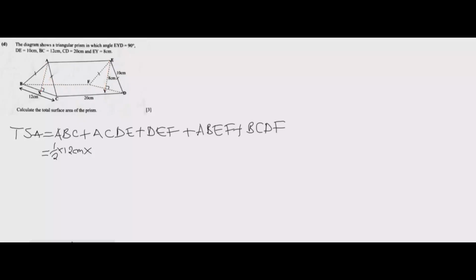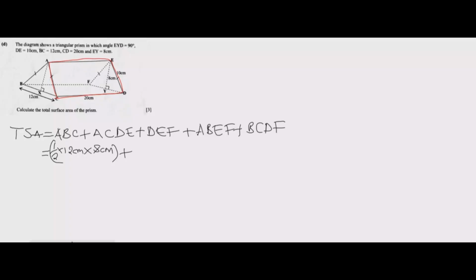So we're going to say times 8 centimeter, in brackets, plus now this length, which is ACD. The length we are talking about, ACD, is this one here, plus the area of this surface.